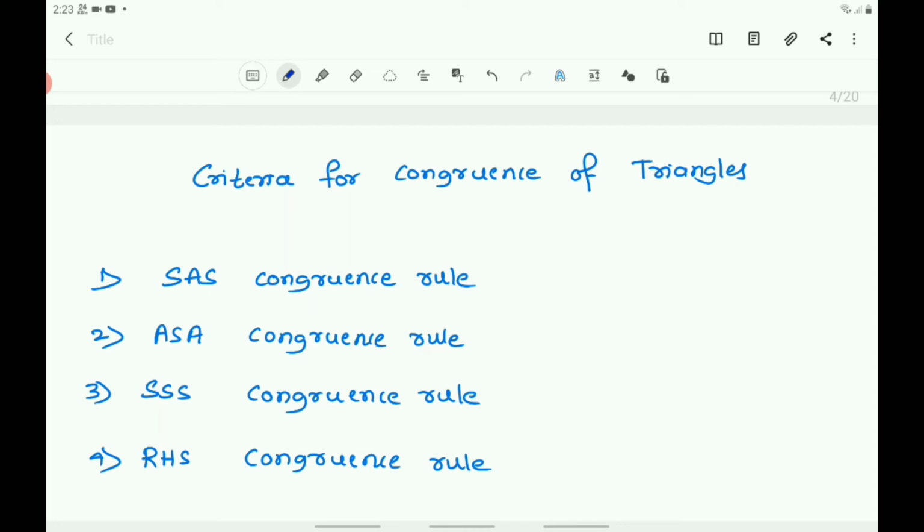Now about the SAS congruence rule. It is taken as an axiom, because that result cannot be proved with the help of previously known results. SAS means side angle side.